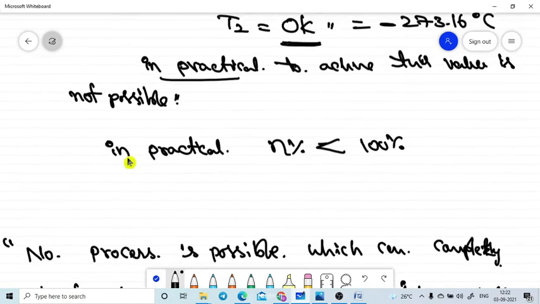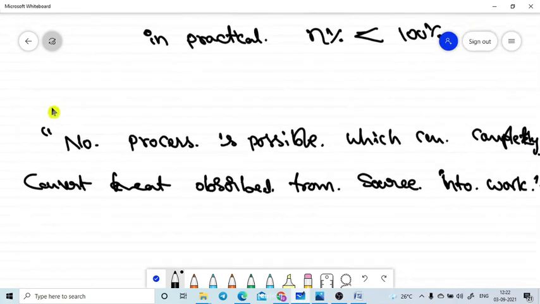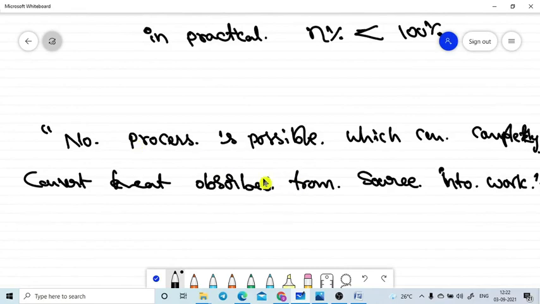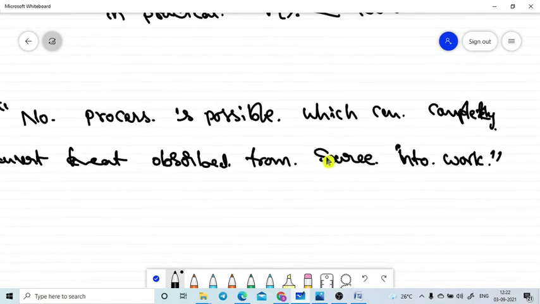So what I am saying is that 100% of the heat energy may not be converted into work. It is impossible. Any process, even if we take n number of processes, is not possible which can completely convert heat absorbed from the source into work.